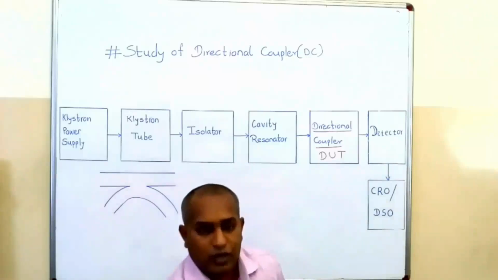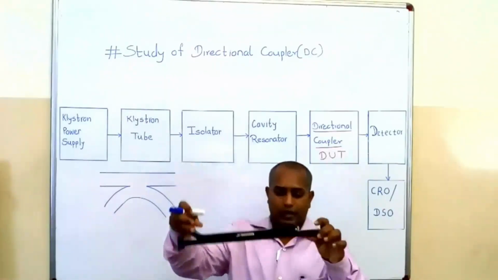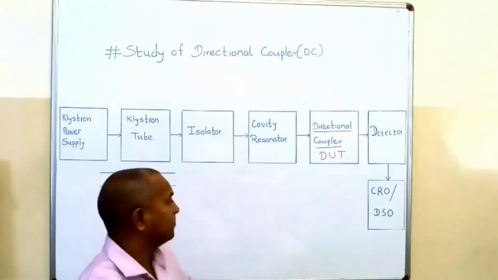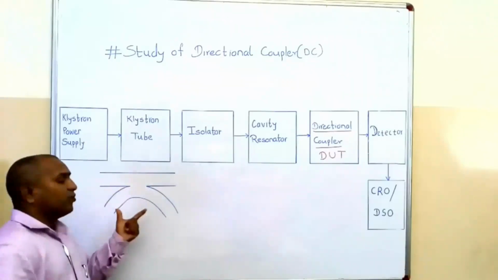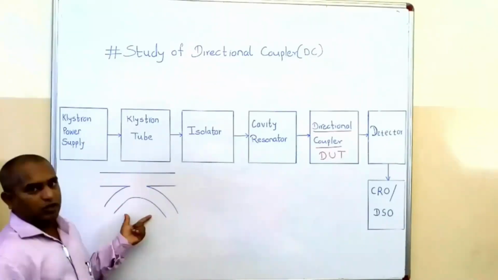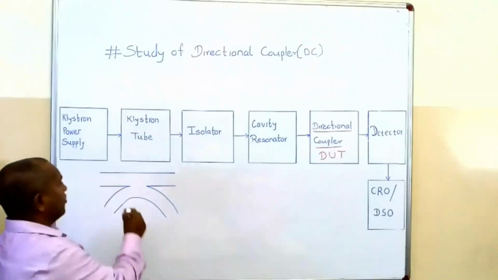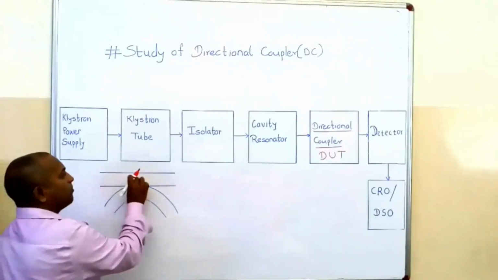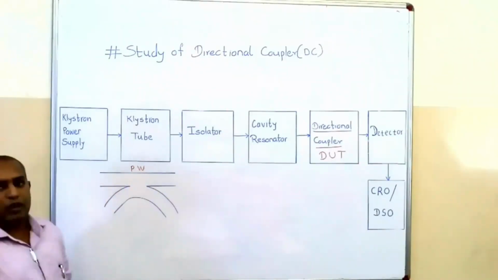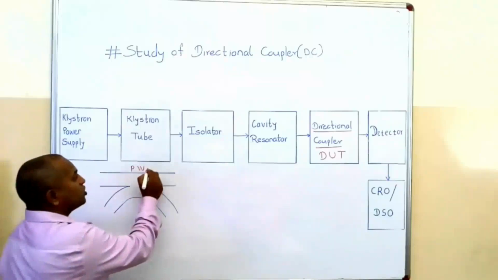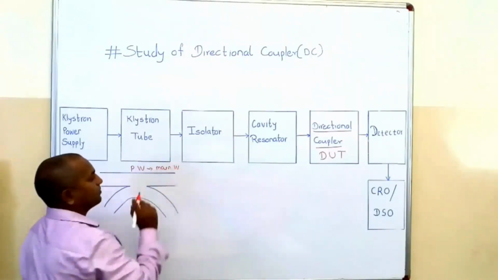If we check the front view of this directional coupler, it looks like this. This is the front view of the directional coupler, in which this waveguide is the primary waveguide, also known as the main waveguide.